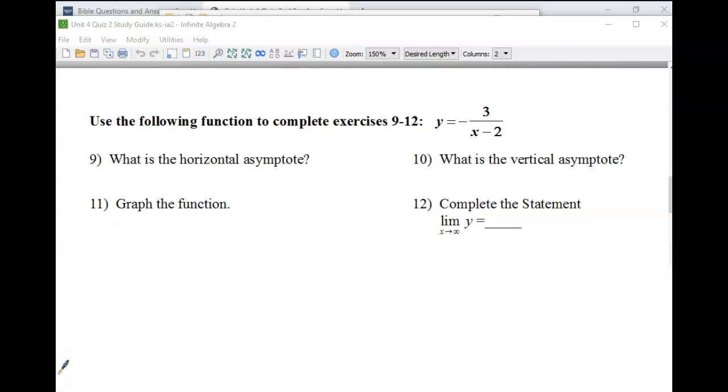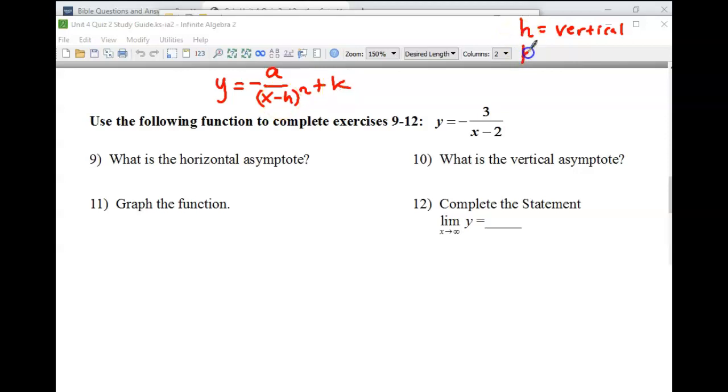So we talked about how to graph functions that look like this. We talked about how h gives us the vertical asymptote. But notice it's going to be the opposite sign. So whatever number's here, h will be the opposite because there's a minus in front of it.